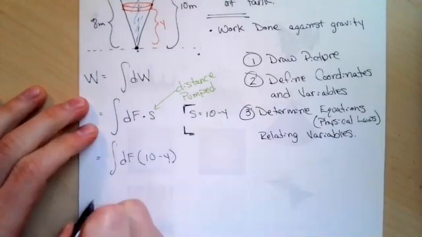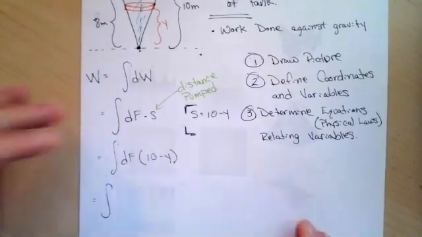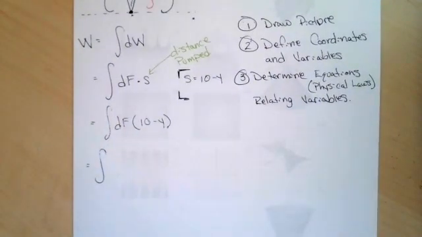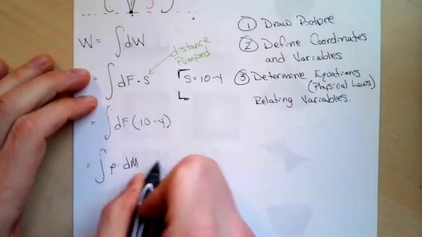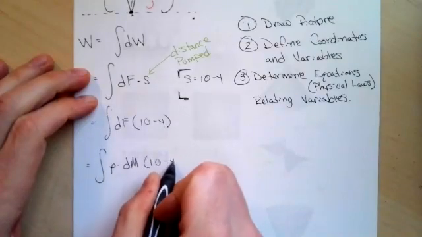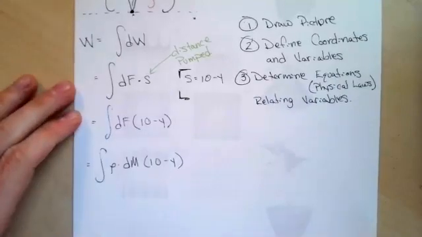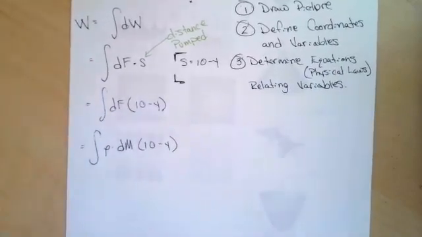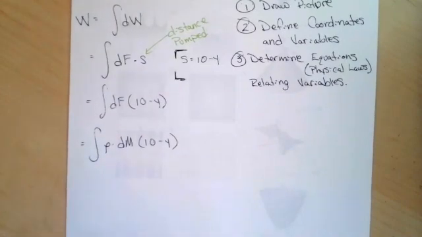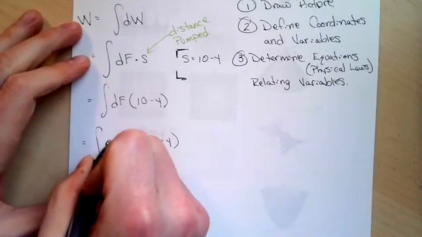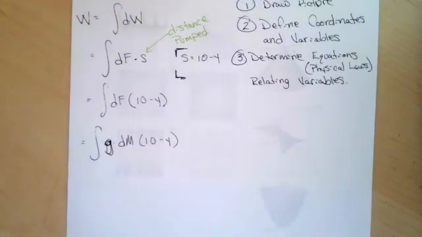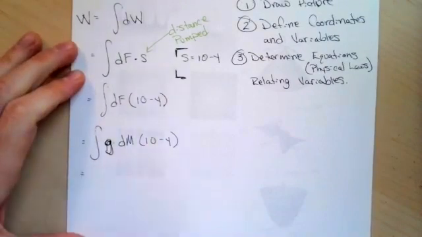What is our dF? We'll see this a lot. The force on an object is just going to be the mass times gravity, which gives us the force on each slice.